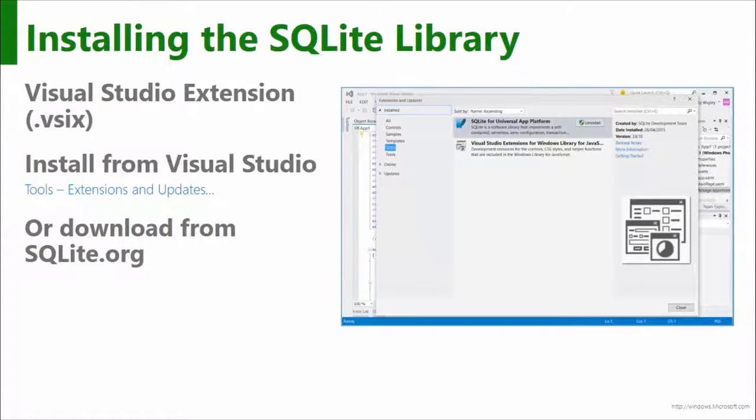All right, so getting SQLite out of the theory and into Visual Studio, we want to start working with it. To install the SQLite database engine and make it available to your apps, first of all, you need to go and get the Visual Studio extension for SQLite, which is V6. The VSIX, Visual Studio extension.